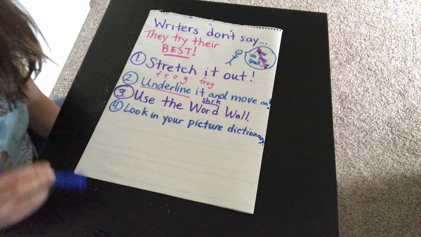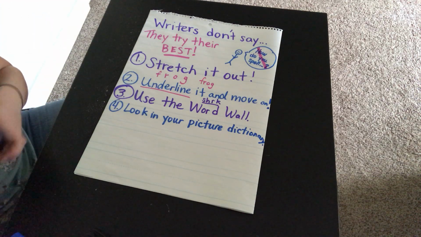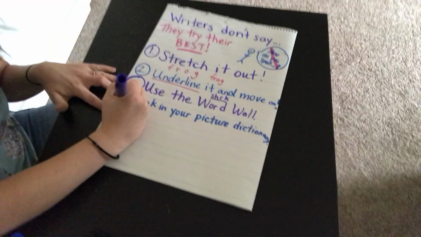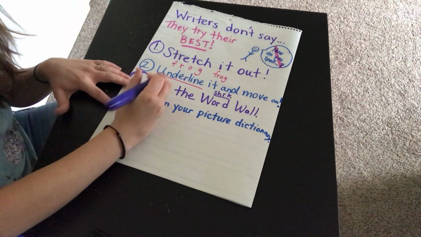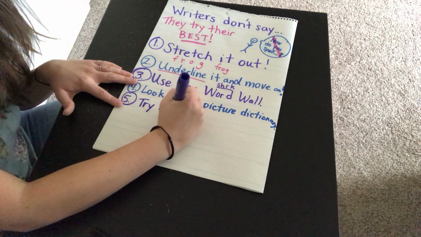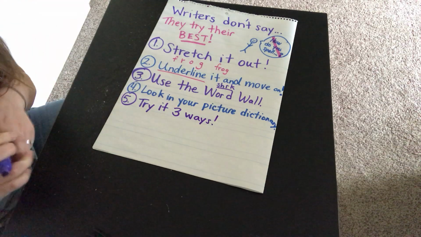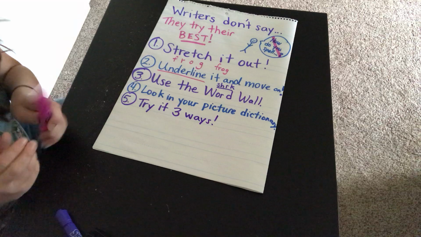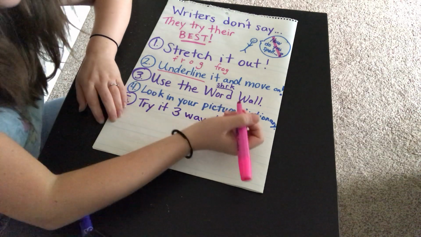So there's another way that you can find how to spell words that you don't know how to spell. Another strategy to use is try it 3 ways. With the try it 3 ways strategy, what you would do is write the word the way you hear it, and you may try it like 3 different times.